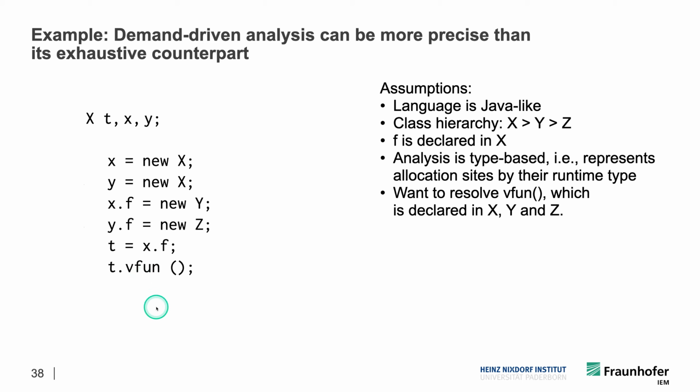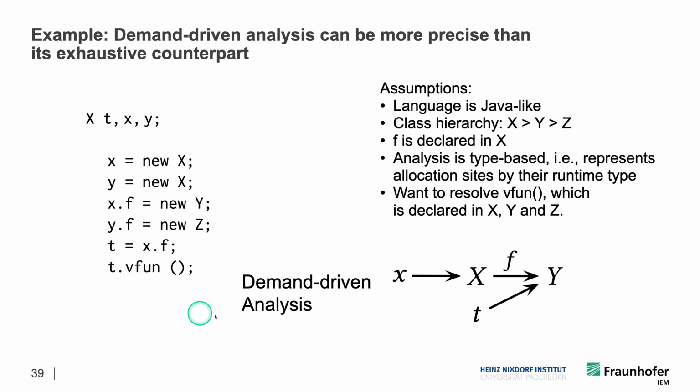Now, if you do a demand-driven analysis here, then you will figure out the following, right? You will figure out that T comes from x.f, right? And now X is being initialized through this allocation site here, okay? So X points to this type-based representation X, okay?